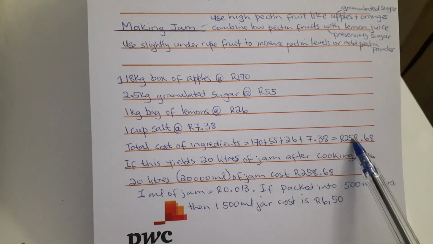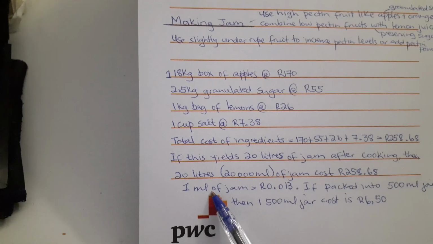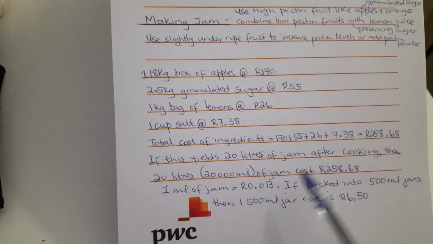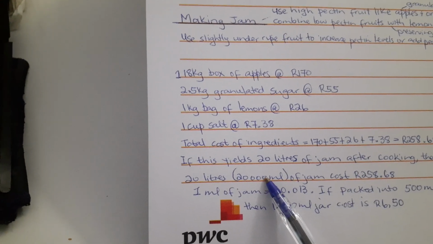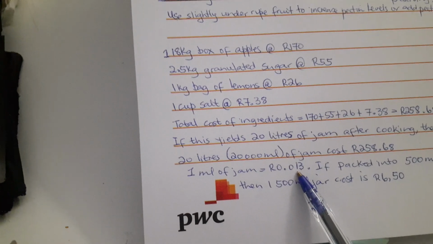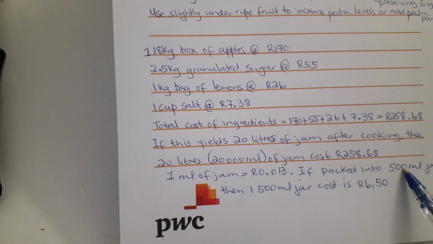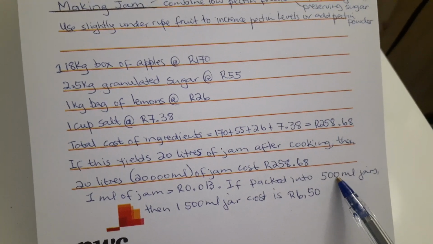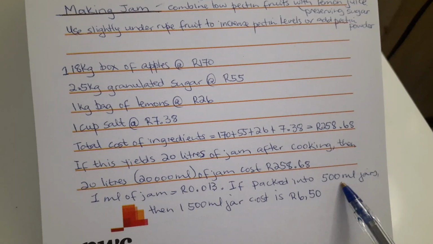So now to get the cost of 1 milliliter of jam, you're going to divide 258 by 20,000 mils, and this gives us 0.13. That is just a little bit over 1 cent. And now assume that we are going to pack it in jars, or we're going to can them, and the jars will be 500 milliliters.